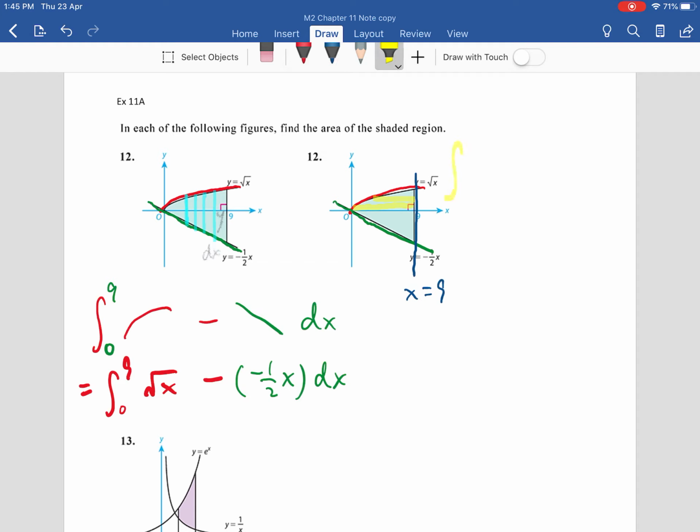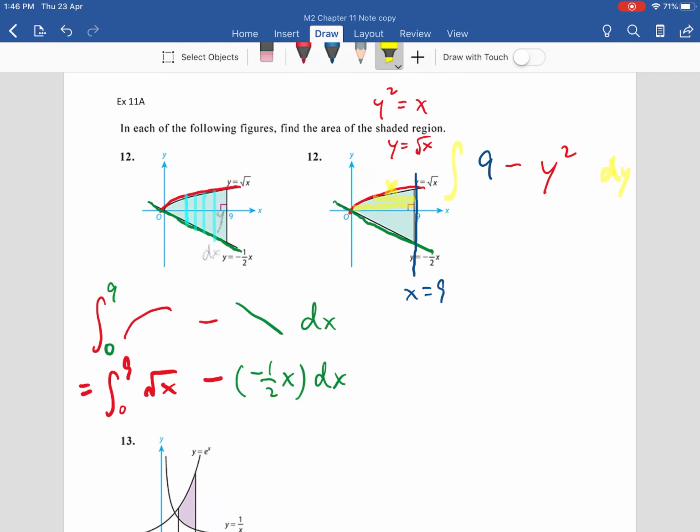The yellow one is the integral dy, and the corresponding value of x, the first part, is 9 minus x. Now y equals what? y equals root x, therefore x equals y squared.